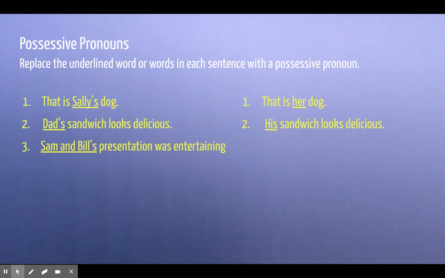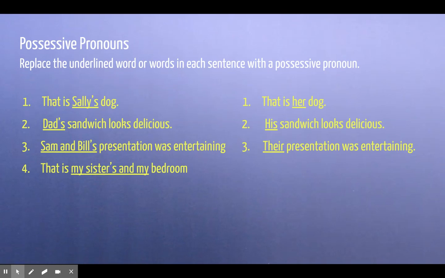Sam and Bill's presentation was entertaining. Sam and Bill are the nouns. So which plural pronoun are we going to use to show possession? You should have said their presentation was entertaining. There is talking about other people, so we're talking about Sam and Bill. Number 4, that is my sister's and my bedroom. We are looking at replacing my sister's and my.